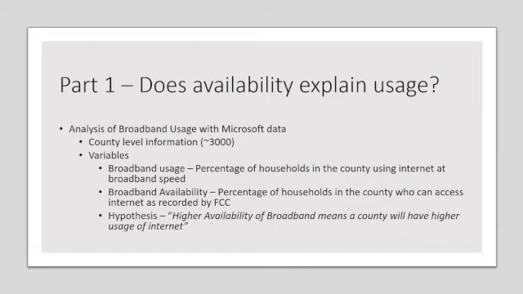The dependent variable in this data set is broadband usage, which is the percentage of households in the county using internet at broadband speeds. The independent variable, provided by FCC's data, is broadband availability: what percentage of households in the county have access to broadband.